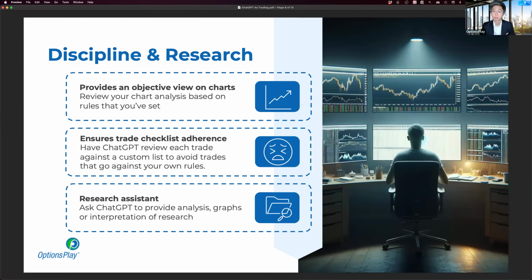And instead of you having to do the work yourself, where as humans we always add a bit of subjectivity and our individual biases, this provides a clear and objective view of each individual chart based on the rules that you have set out for yourself as to how you want ChatGPT to analyze your charts.